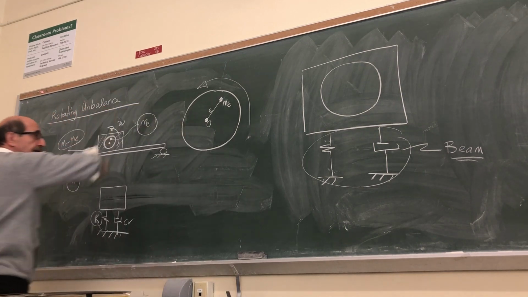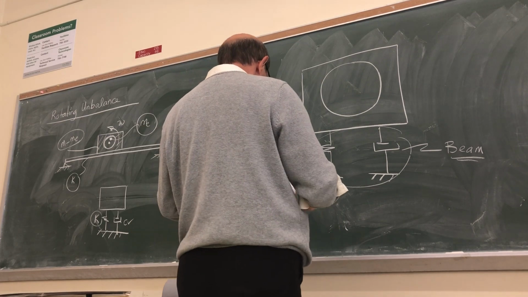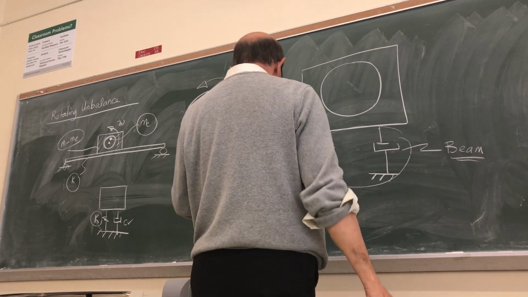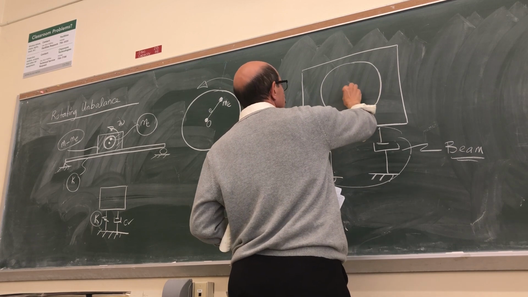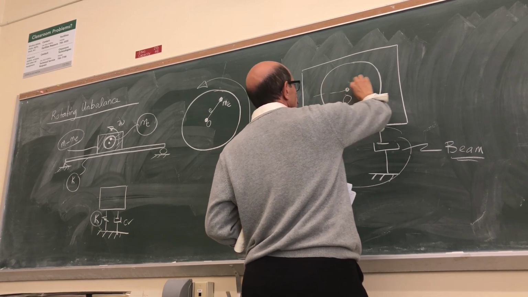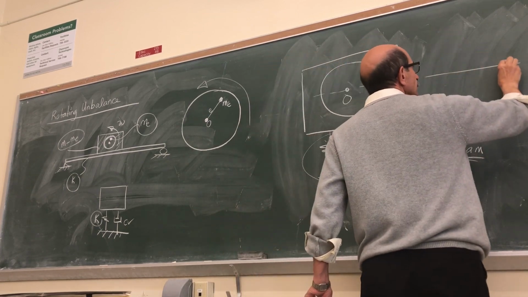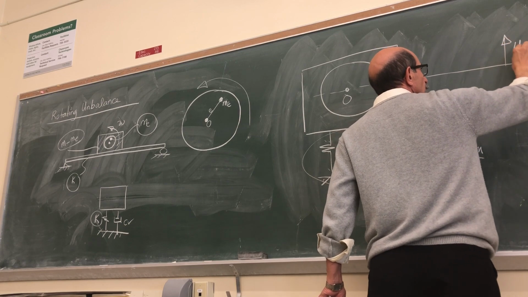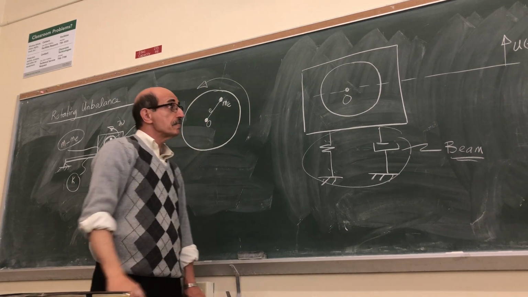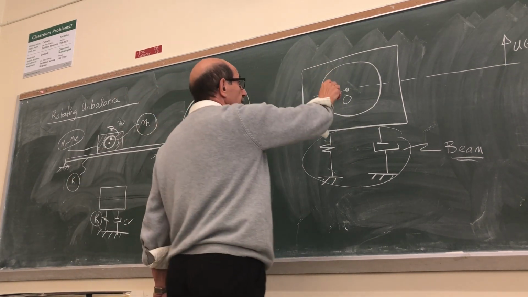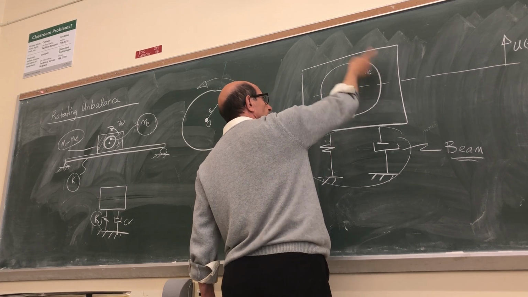So the beam is going up and down, so I would call the displacement of that, and I'm going to measure it with respect to here. So if this is the center of rotation, with respect to that, I'm going to measure the displacement of the beam. So U of t is for the whole system going up and down. But as the system is going up and down, this little guy, M sub E, is also rotating.